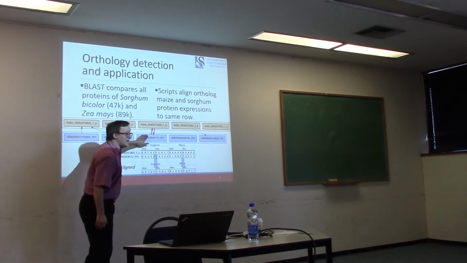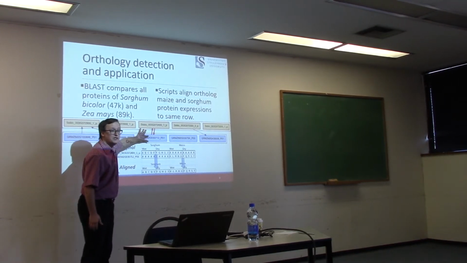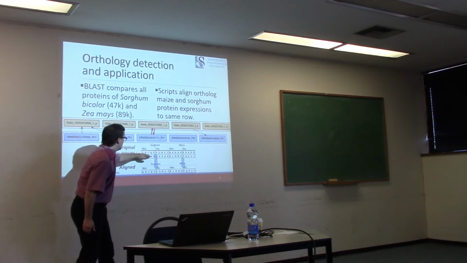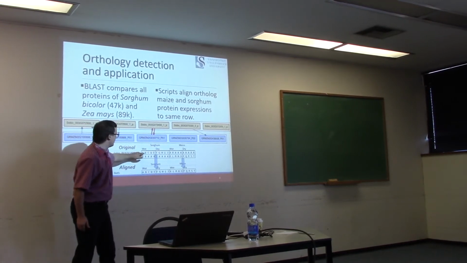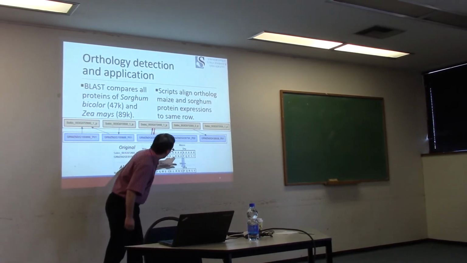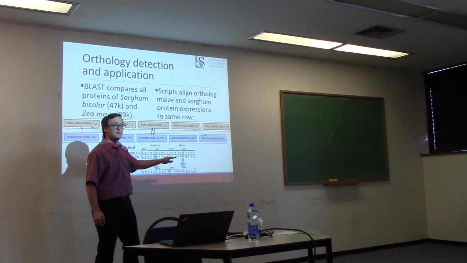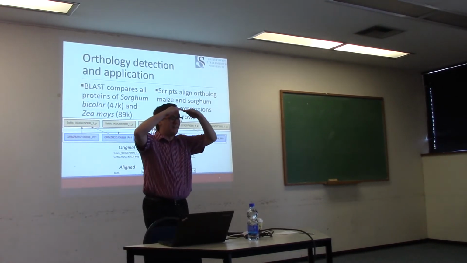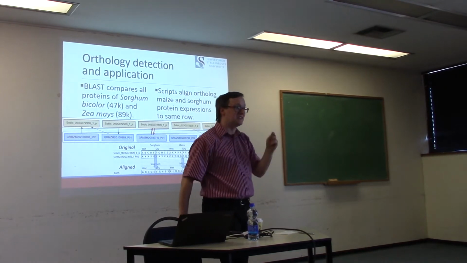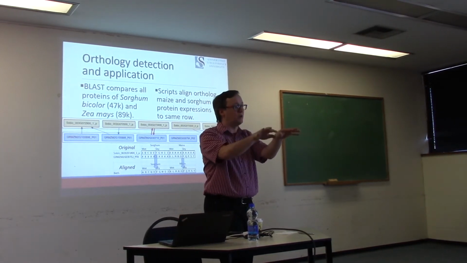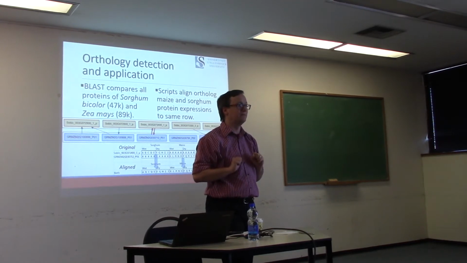So once we find that both members of an orthology pair are in this table, we can grab these numbers A through J from the sorghum table for the sorghum ortholog and grab the corresponding counts for the maize protein and build a new row that brings them together. And now, when we create a statistical model, it can recognize that both maize and sorghum are available for this pairing.